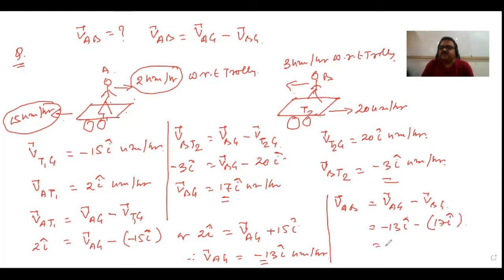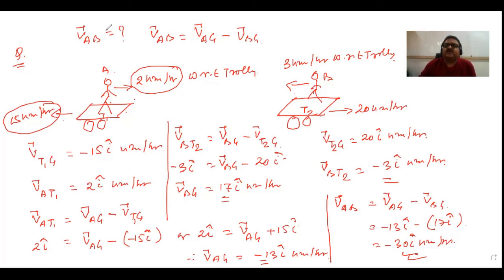So if I add up, this will be minus 30 i cap kilometer per hour. So with respect to B, B will observe that A is moving backward with a speed of 30 kilometer per hour. Is it clear? So this is the technique of solving the problem related to relative velocity in one dimension.